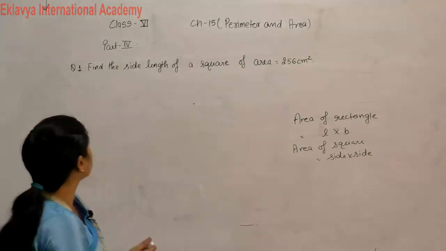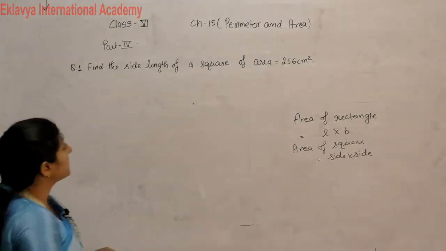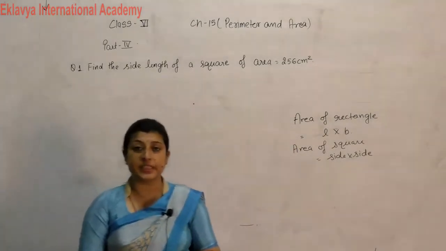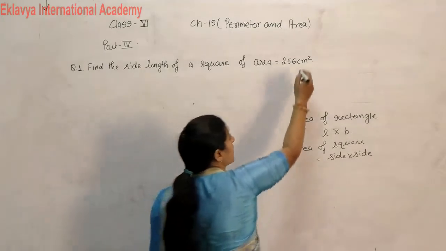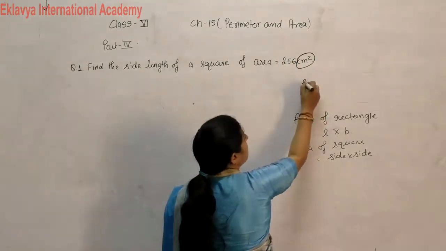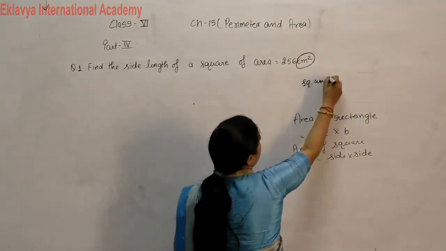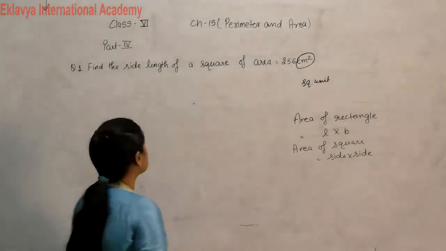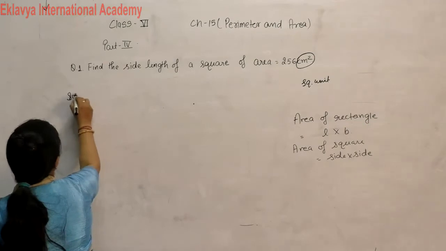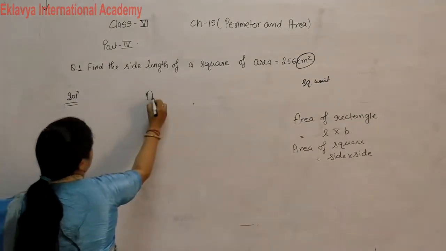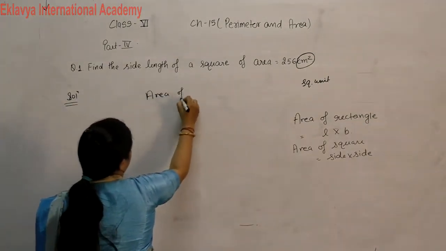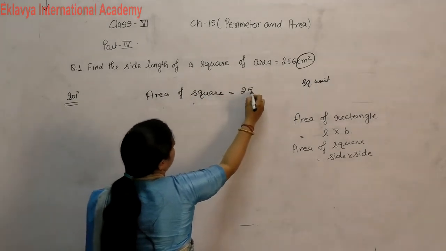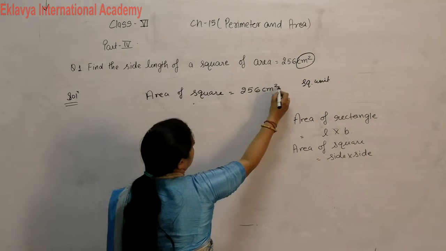Now see, your question is: find the side length of a square of area 256 centimeter square. Unit of area is square unit, maybe square meter, square centimeter, like this. What is given to you in this question? Area of square is equal to 256 centimeter square.